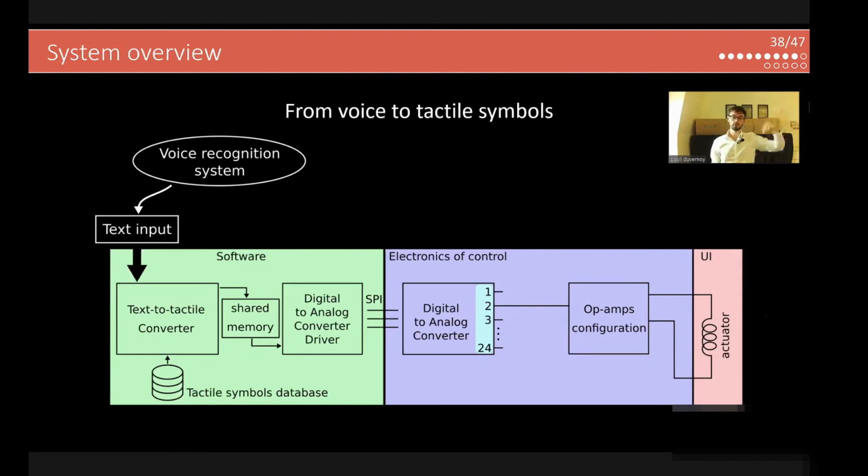So you can have an input, and at the same time, the software can manage the device. So it transfers this digital signal through SPI to the digital to analog converter that will transform the digital signal into an analog signal in volts, and it will be sent to an operational amplifier configuration that will be connected to the actuator. So we'll have this op amp configuration for each actuator.